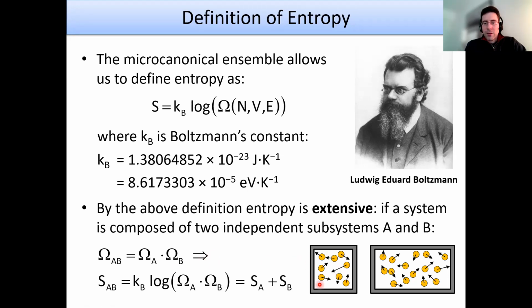So here is system A, here is system B, and I know the degeneracy of system A, namely the number of microstates with this number of particles, energy, and volume, and then same for system B. All right, and then I claim that the degeneracy of the composite system, which of course will have to be evaluated for the sum of number of particles, the sum of the volume, etc., is going to be equal to the product of these degeneracies.